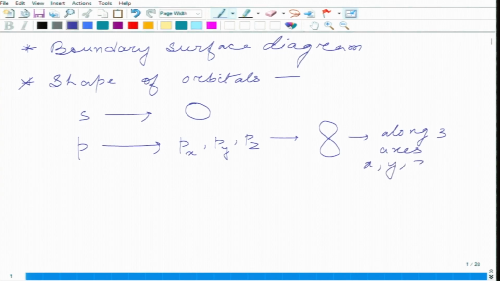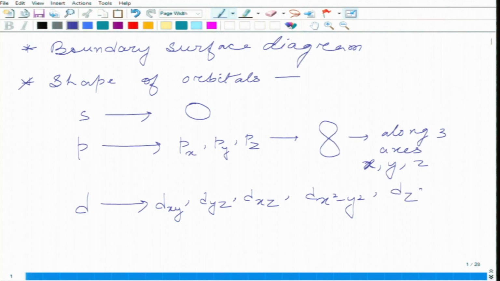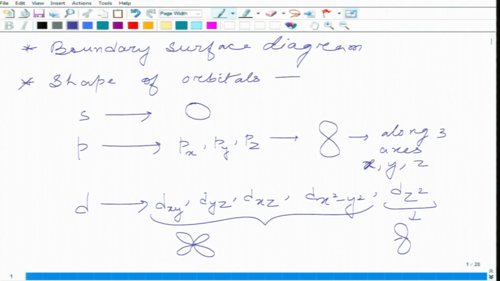x, y and z, and the d subshells have 5 orbitals among which 4 of them are drawn in the form of double dumbbell and dz square is drawn as a dumbbell and a ring, right?